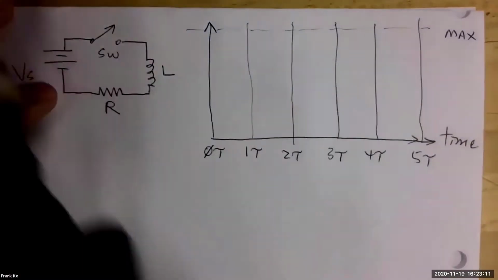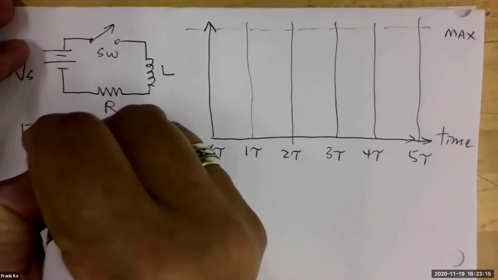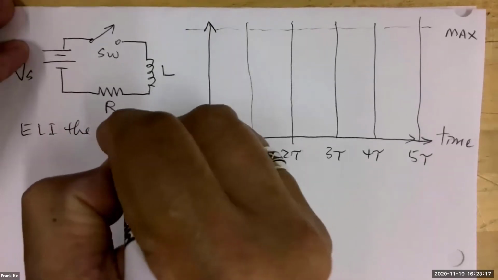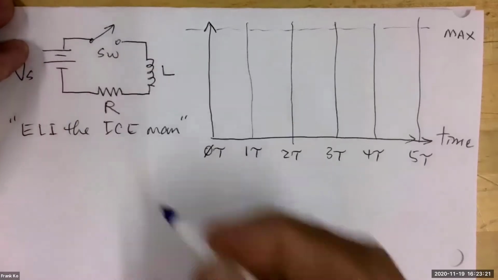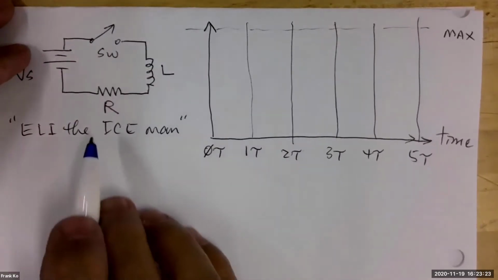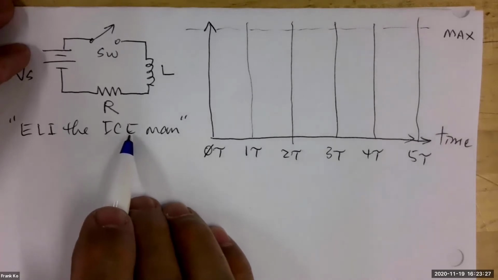And we had a very useful mnemonic called Eli the Iceman that helped us remember that relationship, which one came to maximum first. Previously with capacitors, current was at maximum, then voltage happened to be maximum after 5 time constants.